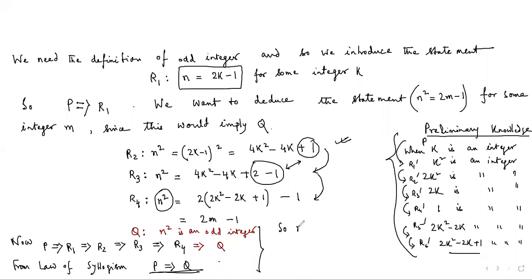So when n is an odd integer, then n square is an odd integer. And not only this, I'm going to the next page. You are going to see that this statement can also be written in the following way.